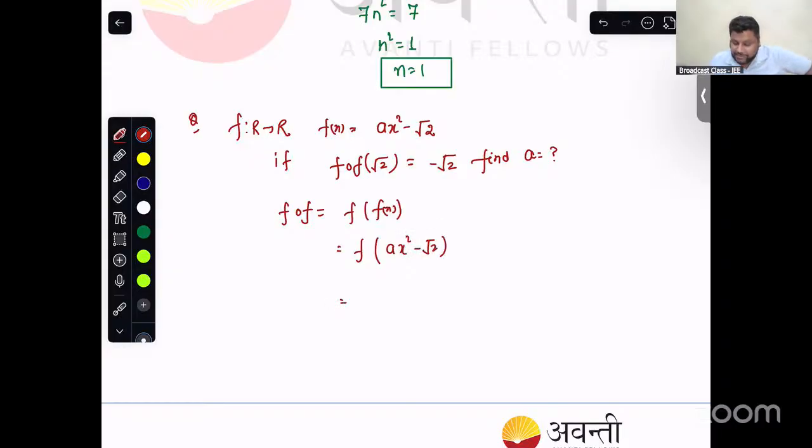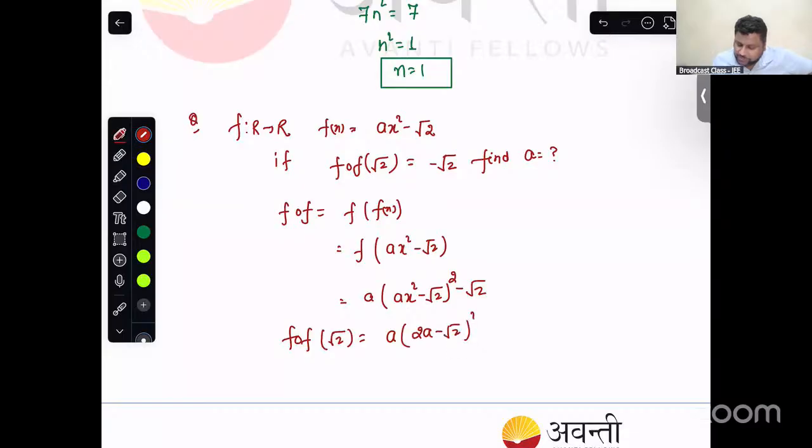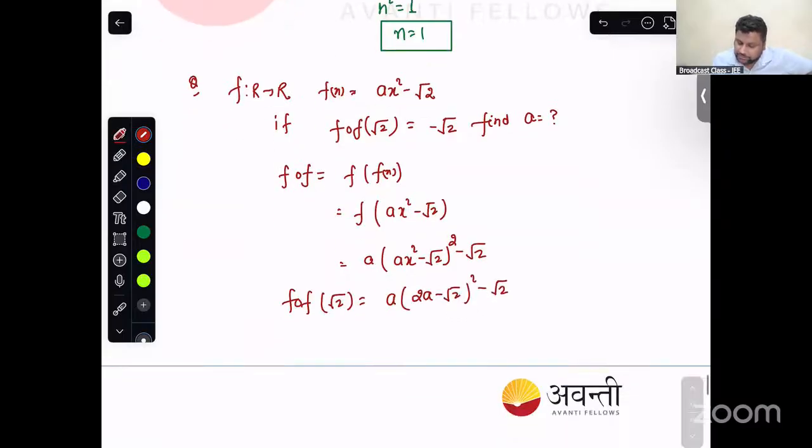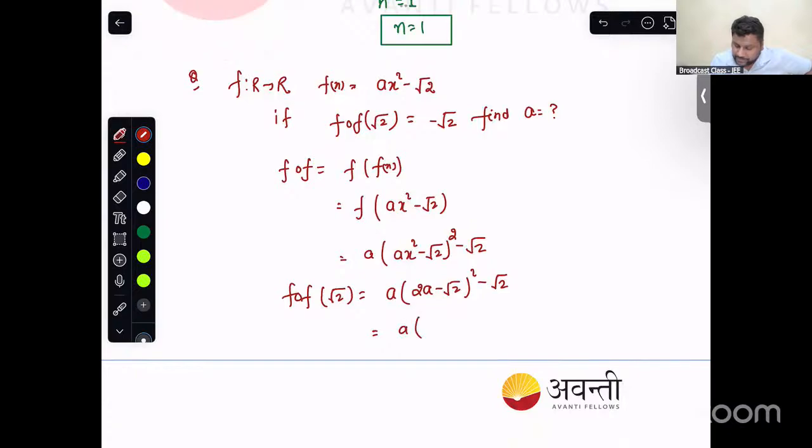Now f of a x square minus root 2 means a times (a x square minus root 2) whole square minus root 2. Now without solving, you directly write f of f of root 2. That is a times (2a minus root 2) whole square minus root 2. So it is a times (4a square plus 2 minus 4 root 2 a) minus root 2. They are saying it is minus root 2.